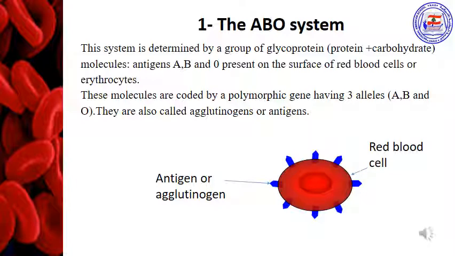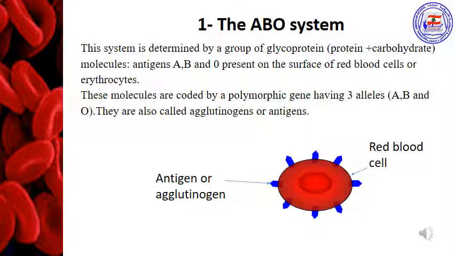These three antigens are glycoproteins, a combination between protein and carbohydrate, and they are coded by a gene that is polymorphic, with three alleles A, B, and O. The allele A codes for the glycoprotein A, the allele B codes for the glycoprotein B, and the allele O, if you remember, doesn't code for any glycoprotein.